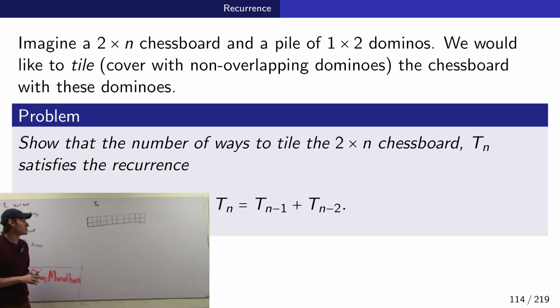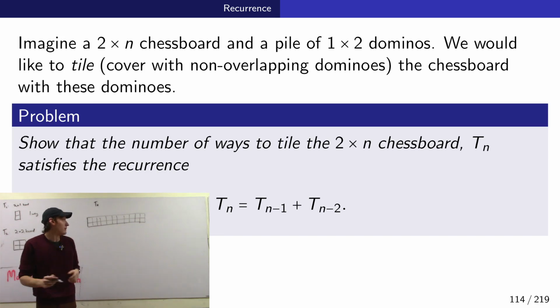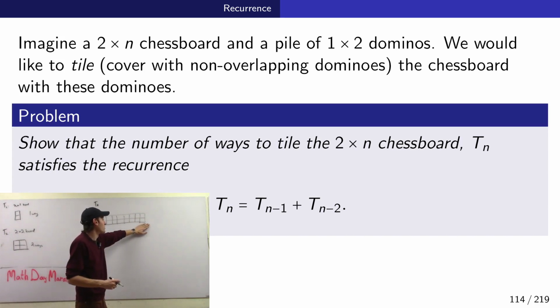So here we're going to notice that tilings of smaller boards can live within our tiling of this complete board. So what I want to do is count all the tilings of this board of size n in 2 ways.